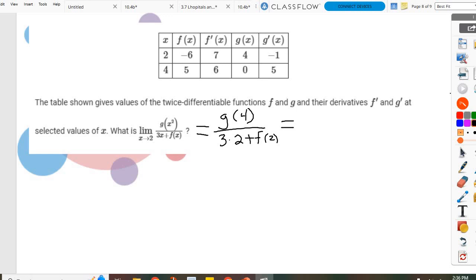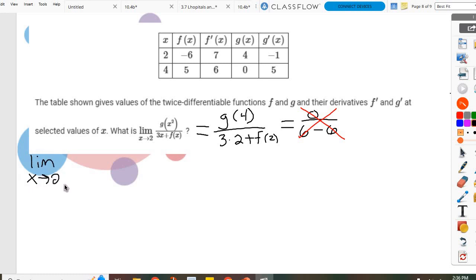So go to g, which is my third column, of 4. Yep, so I get a 0. What is 3 times 2? 6, right? And then f of 2 is negative 6. So what are we going to get? 0 over 0. So it is one of our indeterminate forms, which tells us that we can use what? L'Hopital's rule.